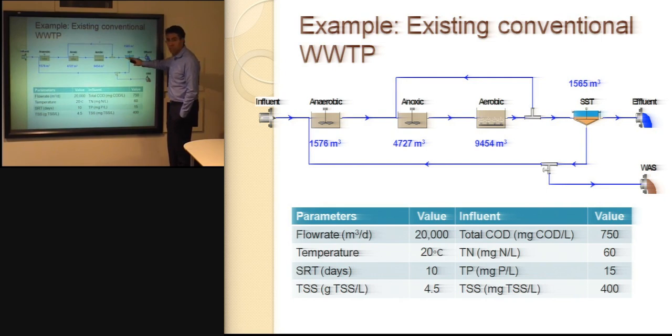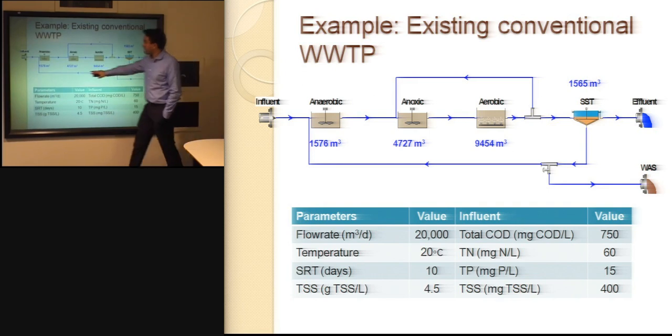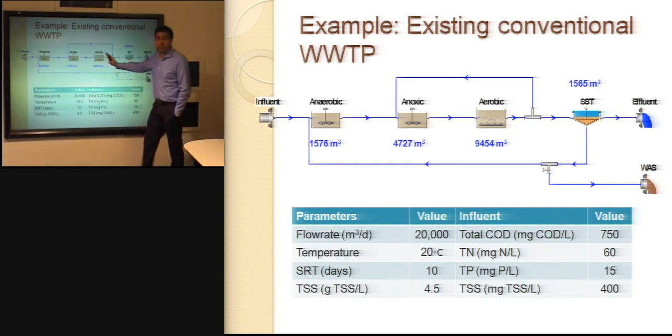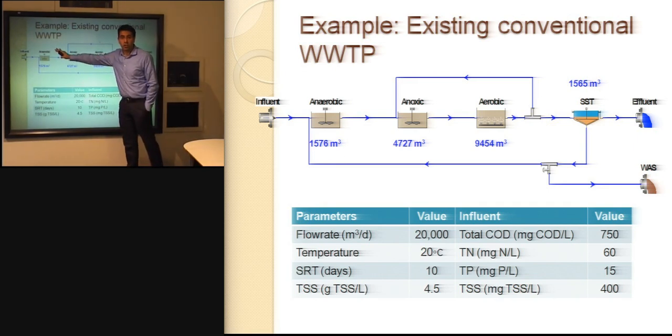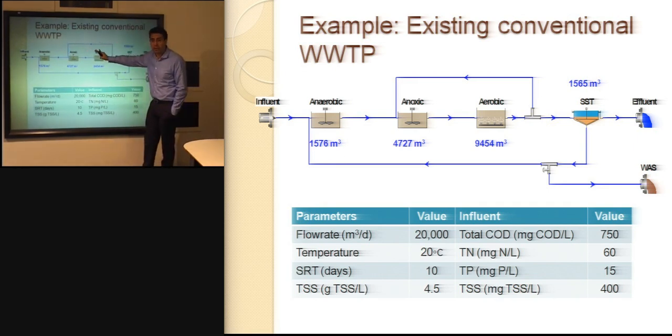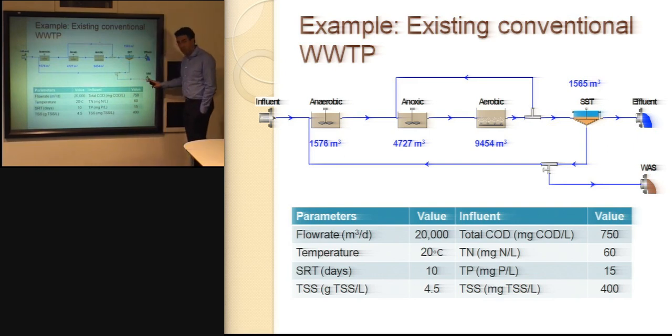Most of the solids accumulated at the bottom will be recirculated back to the system to always ensure that we have enough bacteria to continue removing the organics, the nitrogen and the other compounds, and the excess of solids that we don't need is discharged.